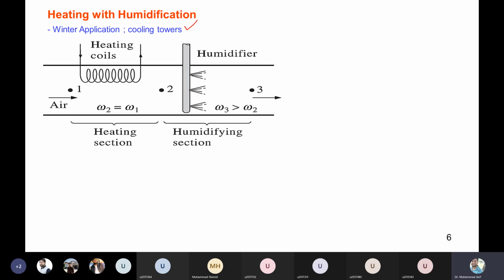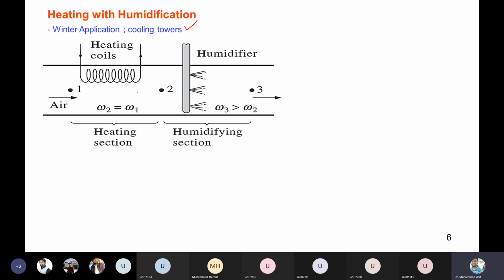Now, this heating and humidification process can be accomplished separately, or it can take place simultaneously as well. As you can see in the figure, the process, let's say from 1 to 2, is with the help of a heating coil. This heating coil can be operated with steam, or it can be an electric coil. So the moisture at point 1, when it comes in contact with the heating coil, this is just simple heating.